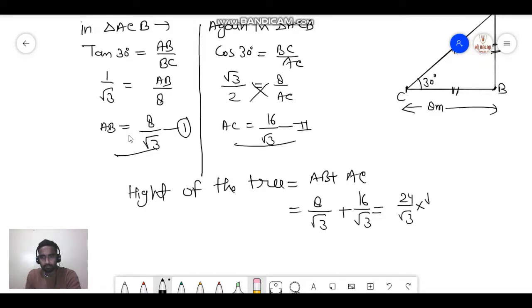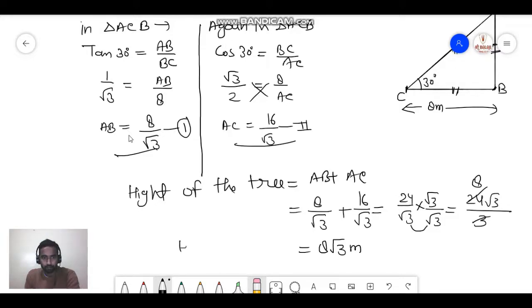We will multiply root 3 in both numerator and denominator. So we will get 24 root 3 upon 3. Since root 3 times root 3 is 3, 3 8s are 24, so the final height of the tree will be 8 root 3 meters.